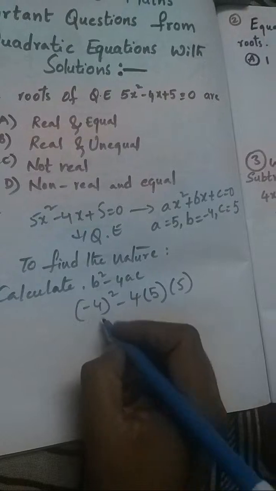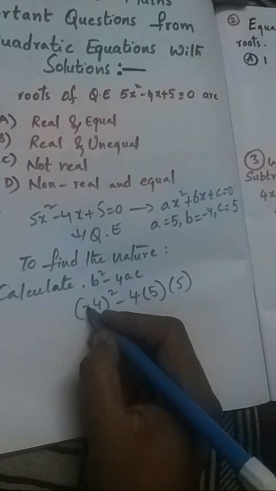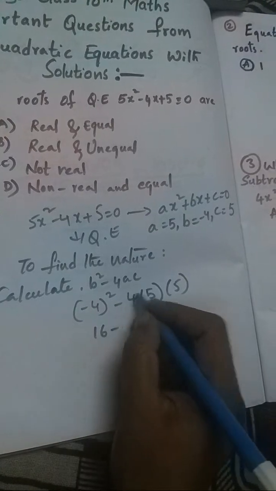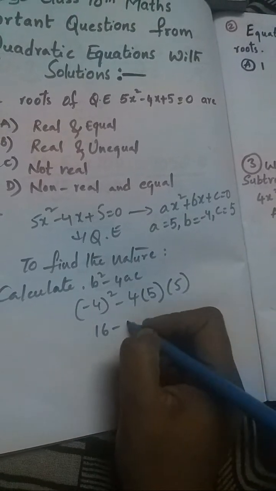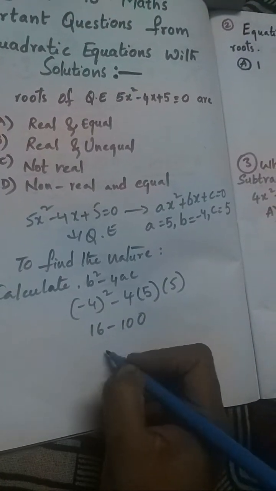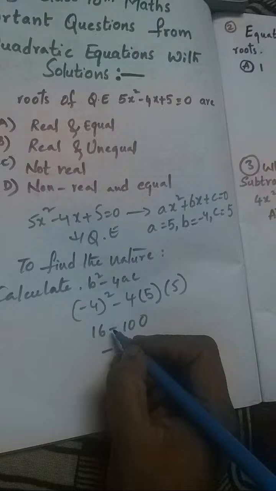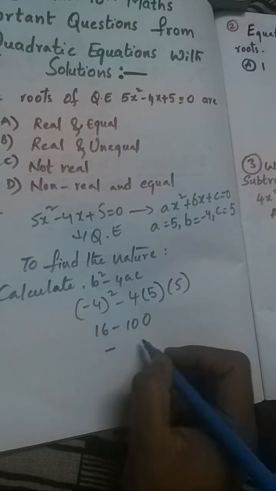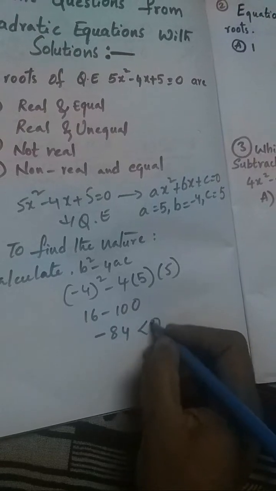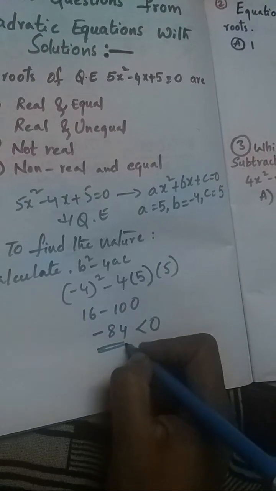Now simplify this. Minus 4 square becomes plus, and 4 squared means 16. 4 fives are 20. 20 into 5 means 100. Then 16 minus 100; the bigger value has the minus sign, so take it as minus. 100 minus 16 is 84. So it is minus 84, which is less than 0, and this is a negative value.